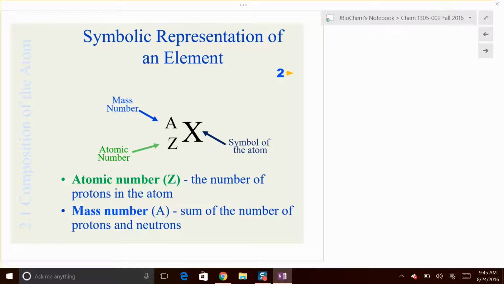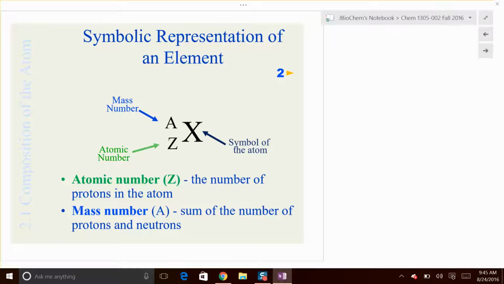We're not talking about this mass. This is the mass of oxygen, 15.9994. But that's not the one we would write here on the atomic symbol. Okay? We would write the mass of this atom, which is either 15 or 16 or 17, something like that.